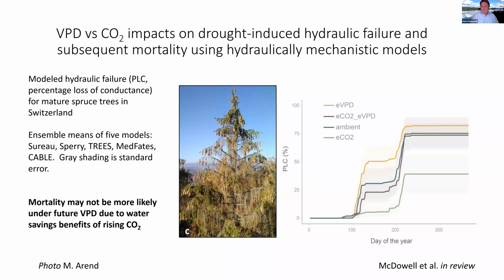But importantly, the 2018 model runs, that was the year the trees died, which are shown in the dark green line, was almost indistinguishable from the elevated CO2 and elevated VPD scenarios. By the way, we got those from CMIP predictions for 2090 to 2100. My point being that maybe there is a net balance, but let me point out, these models didn't account for changing leaf area as an example of a limitation.